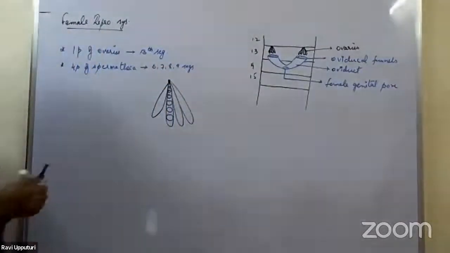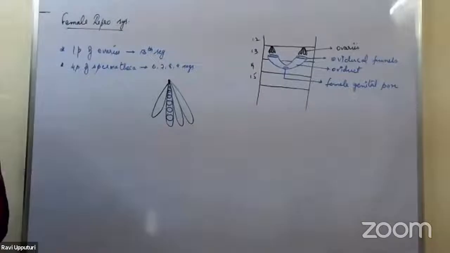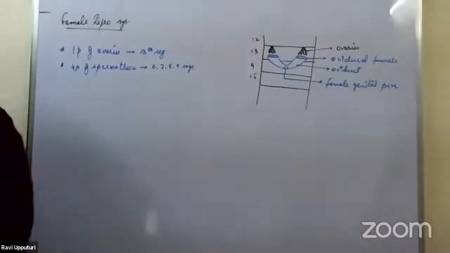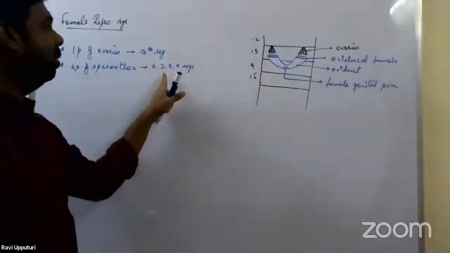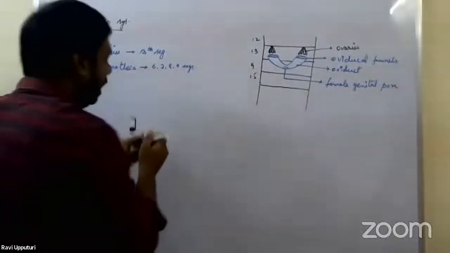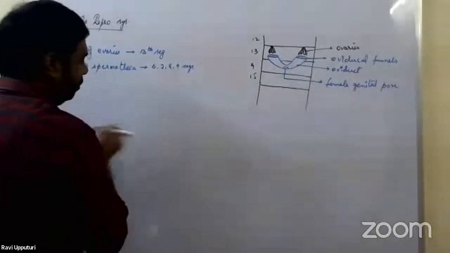So one pair in each of the 6th, 7th, 8th and 9th segments. So let us see how exactly they are arranged.